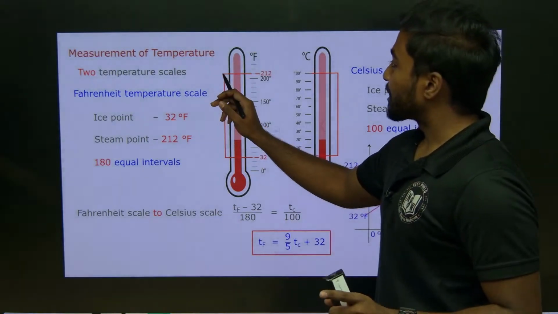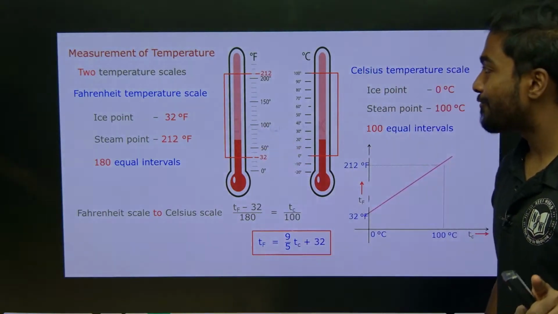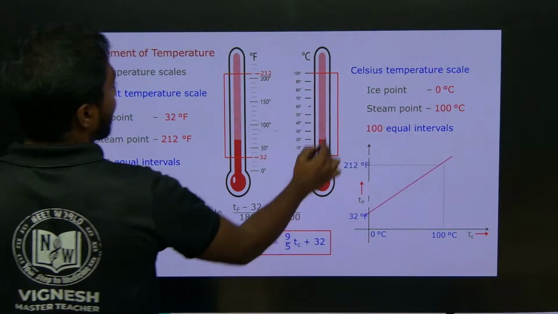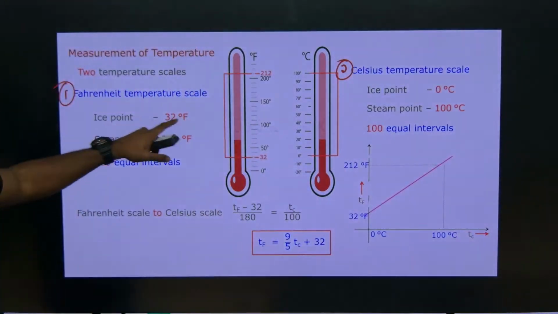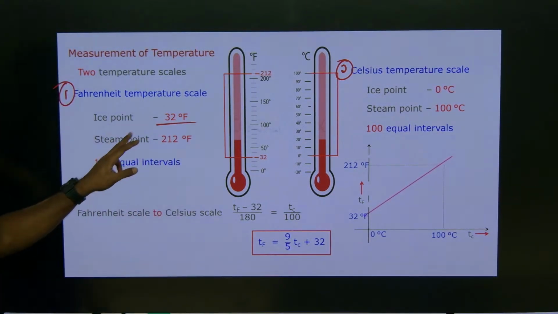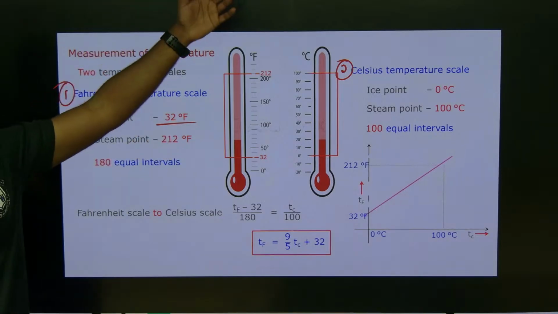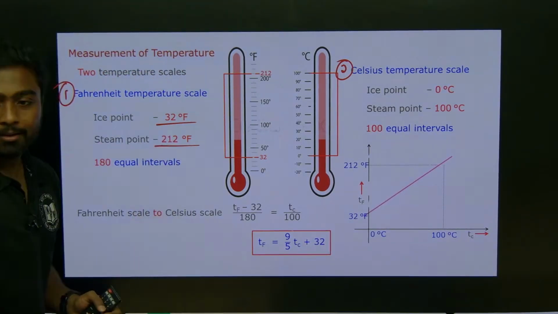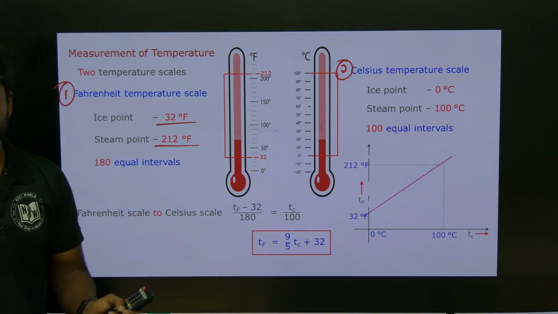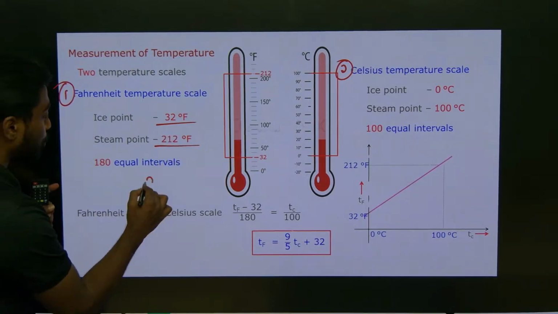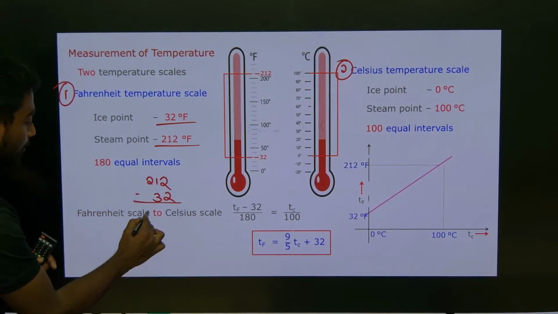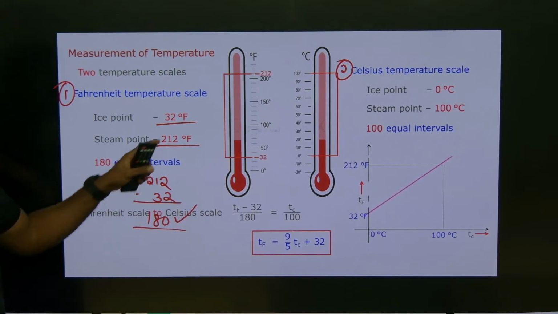For measurement of temperature there are two temperature scales: the Fahrenheit scale and the Celsius scale. On the Fahrenheit scale, the ice point is 32 degrees Fahrenheit and the steam point, that is the boiling point, is 212 degrees Fahrenheit. The difference is a subtraction of the two quantities: 212 minus 32 is 180, so 180 divisions are there in the Fahrenheit scale.